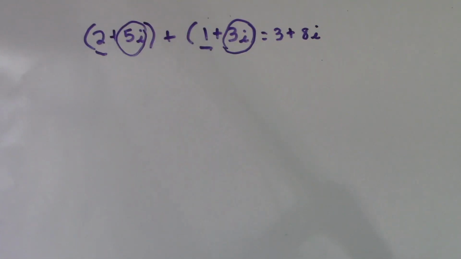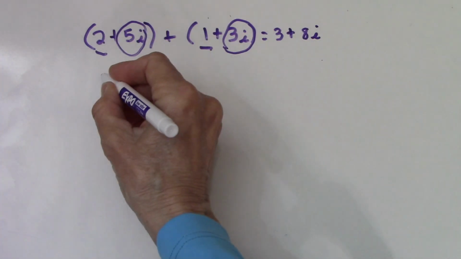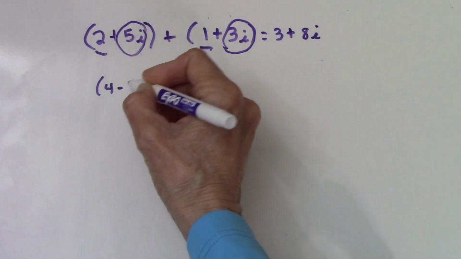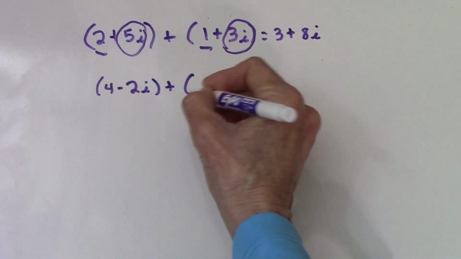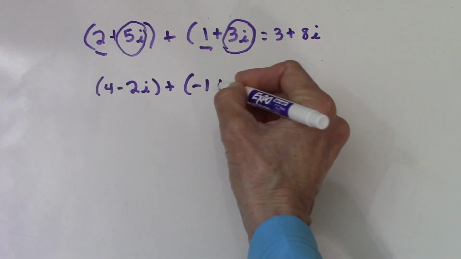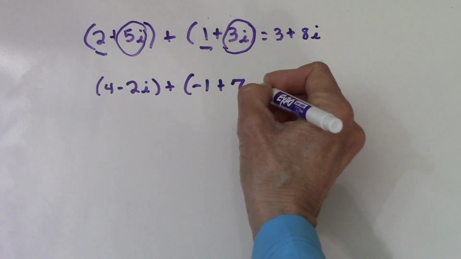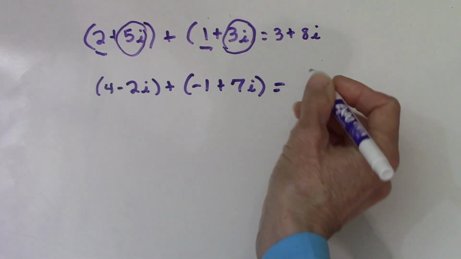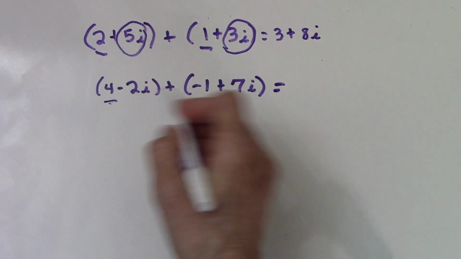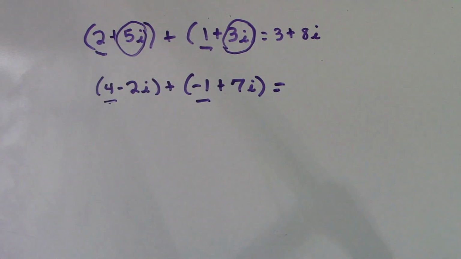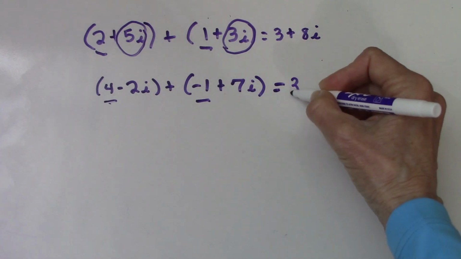If we have, let's say, 4 minus 2i plus -1 plus 7i. Again, we're going to add our like terms. So we have 4 and a -1, which gives us 3.